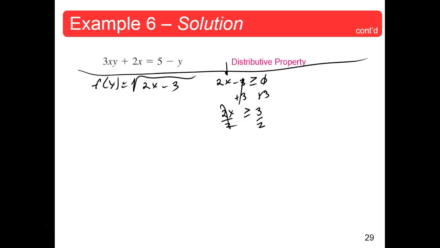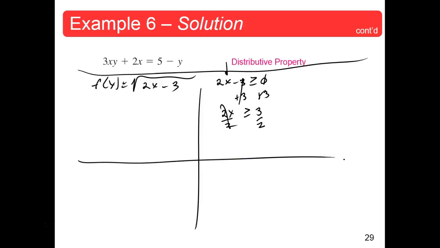So I'm going to start my graph here, realizing that x has to be greater than or equal to 1 1/2. Right there. That's where it's going to begin.